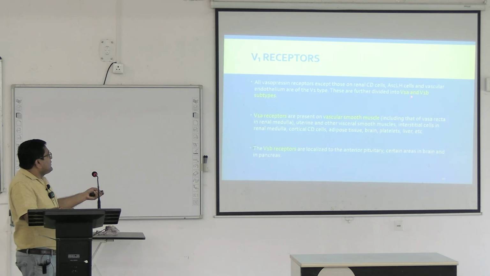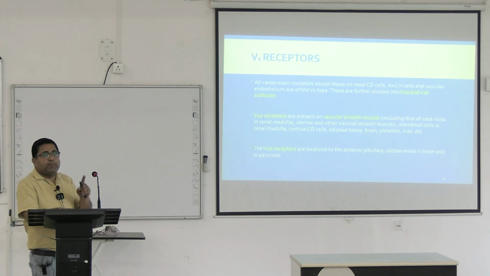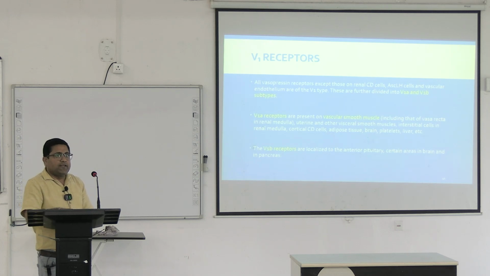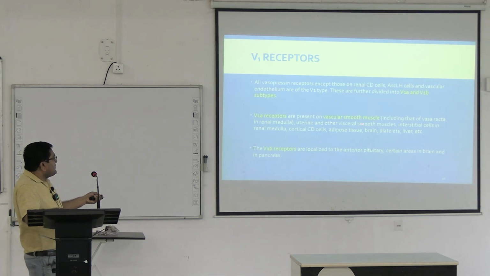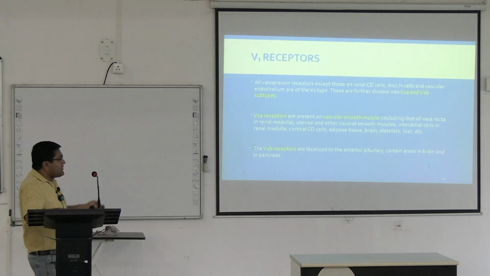Okay. Now V1 is further divided into V1A and V1B. V1A is predominantly present in the vascular smooth muscle that is responsible for vasoconstriction. It is present in the vascular smooth muscle, including that of the vasa recta in the renal medulla. They are also present in the uterus and other visceral smooth muscles, in the interstitial cells of renal medulla, in the cortical collecting duct cells, adipose tissue, brain, platelet and liver.